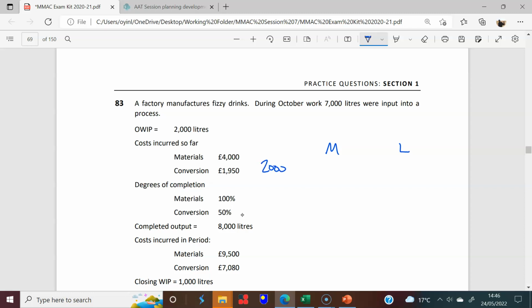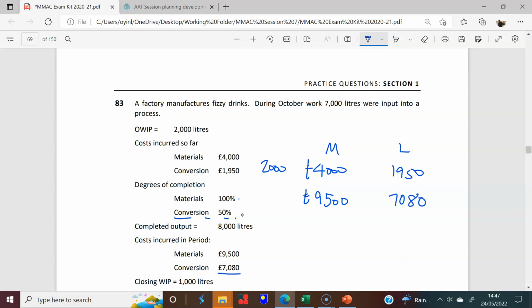I'll write the 2,000 here. So I spent £4,000 so far on material and 1,950 on labor. This is how far I finished on them. I then pour this into the cauldron and do some more work on it, mixing all of it together, spending another 9,500 in addition on materials, and in terms of conversion, spending another 7,080.